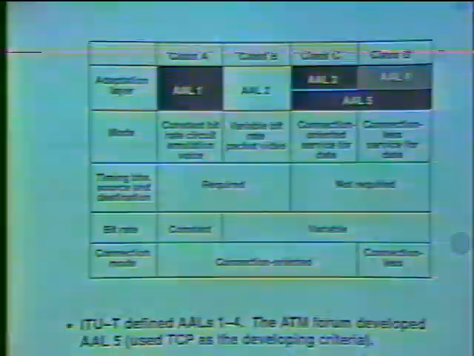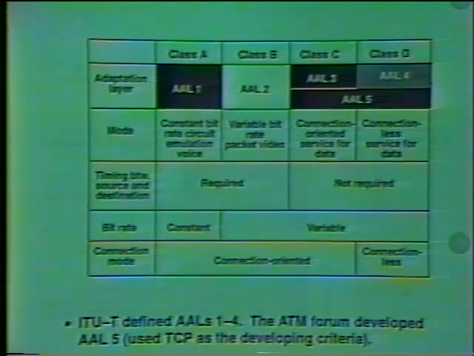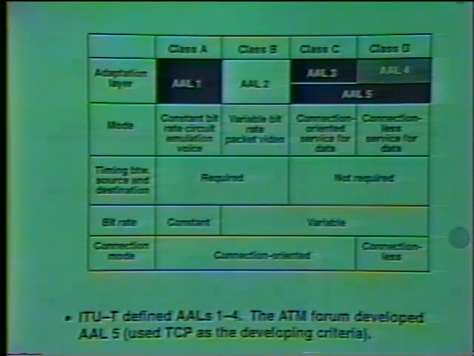So here we're going to try and combine everything that we've taken a look at and relate it to the different types of service. And again, I mentioned we have 4 types of service, and on page 2 we define those out a little more clearly. So these are the services in relation to the ATM adaptation layer, or the AALs. Okay, we have 5 AAL layers, as I mentioned.